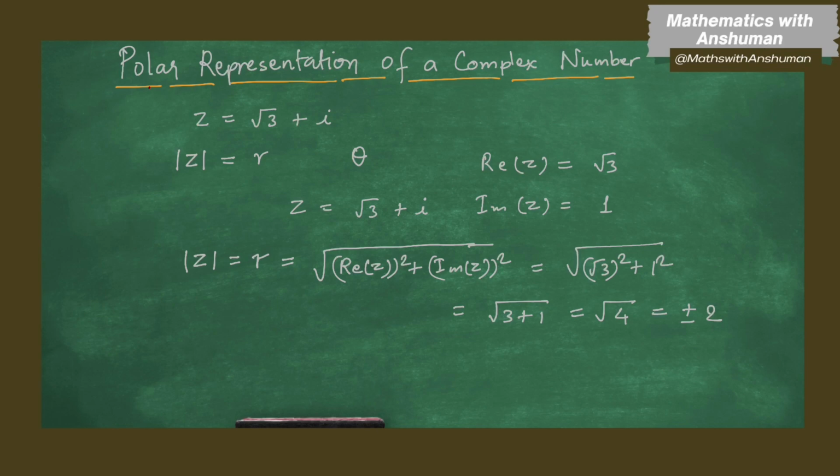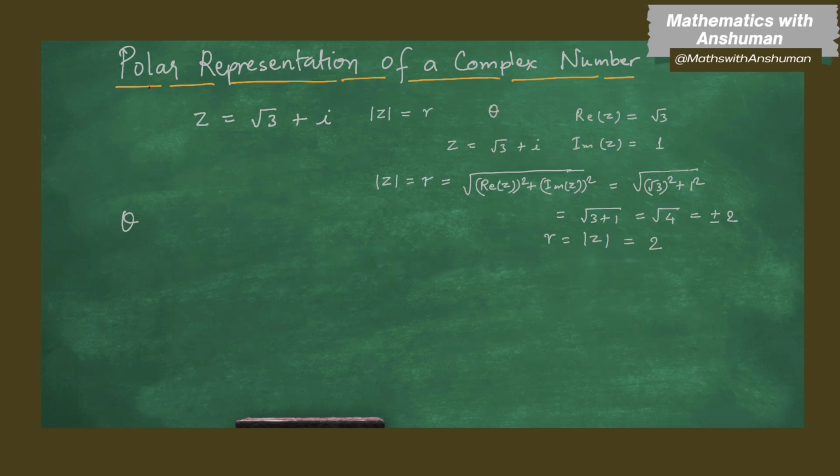But since r is a mod of z, we will take only the positive value, and the value is 2. So r is equal to 2. To find theta, we will simply use the tan inverse of y by x. Here y is the imaginary part, so 1 is the imaginary part by the real part, and real part is under root 3. So our theta is tan inverse 1 by under root 3.